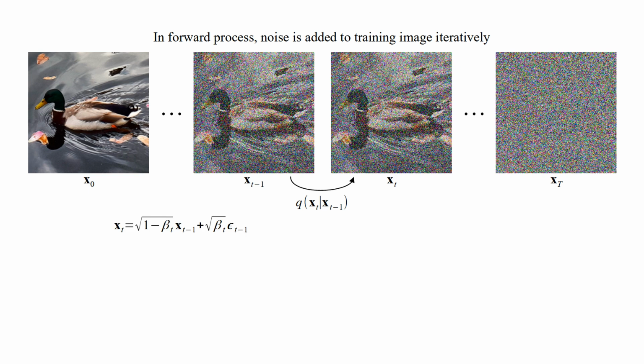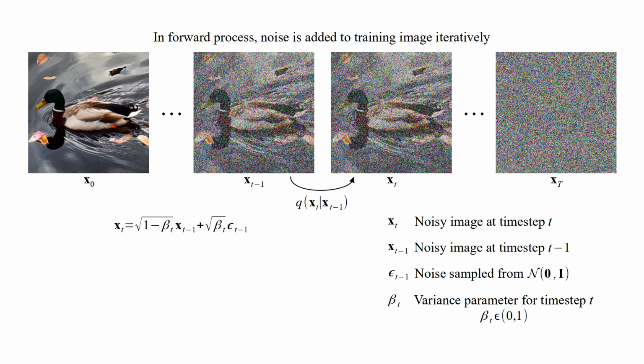Noise addition is performed according to this equation. xt is noisy image at time step t. xt-1 is noisy image at time step t-1. Epsilon t-1 is noise sampled from standard Gaussian distribution. Beta t is variance parameter for time step t.